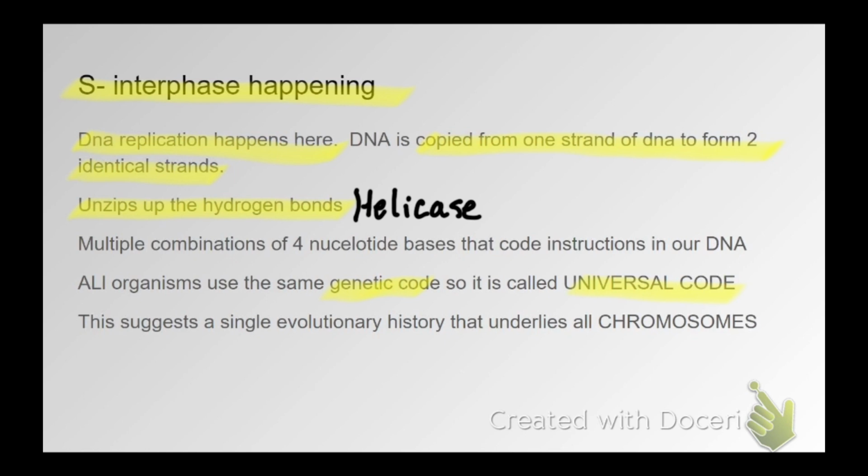Couple more seconds on this, and then we're going to go into adding a drawing into our notes because I really want you to understand what DNA replication looks like. DNA replication happens in S phase, copied from one strand of DNA to form two.